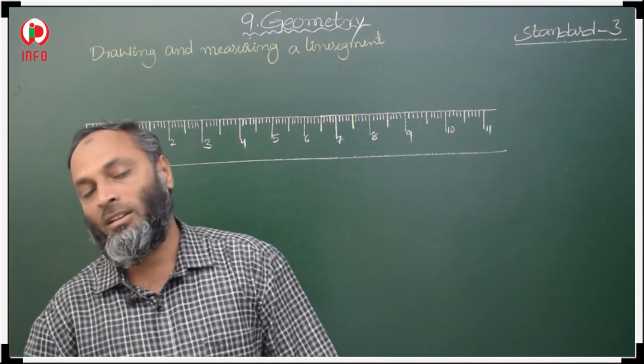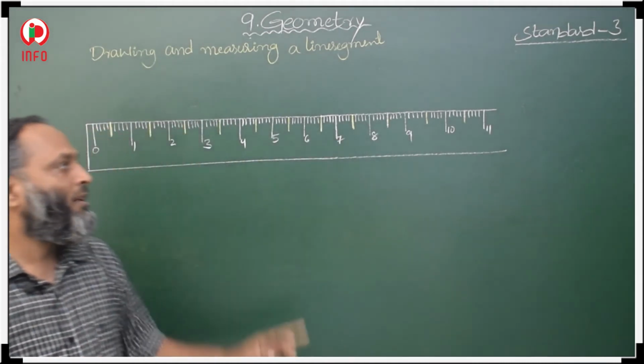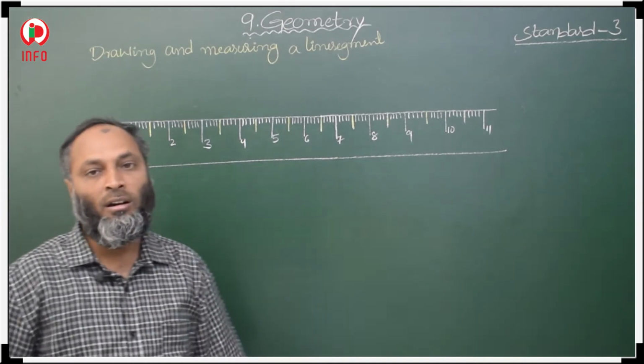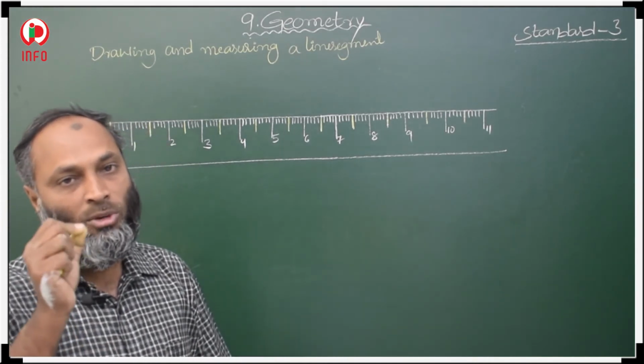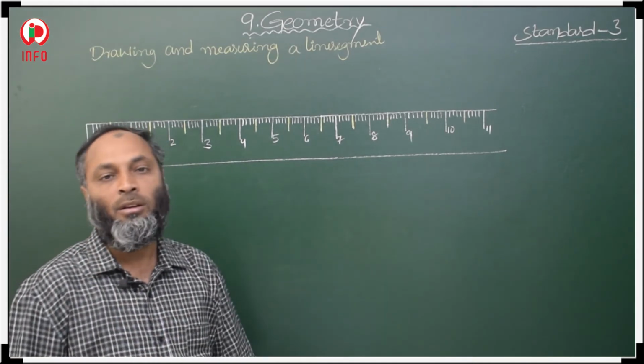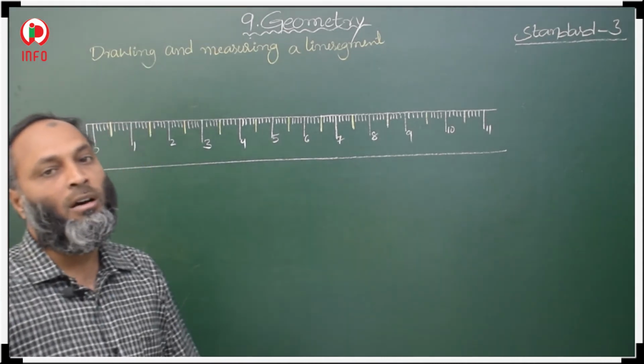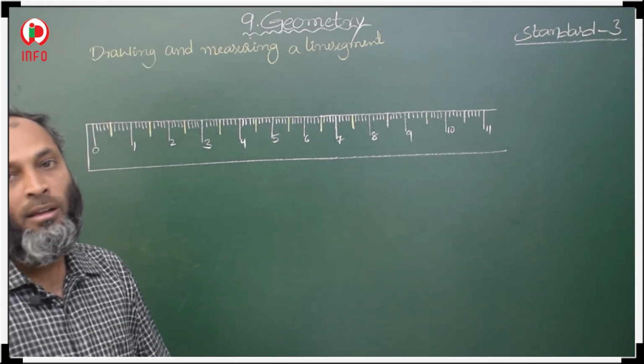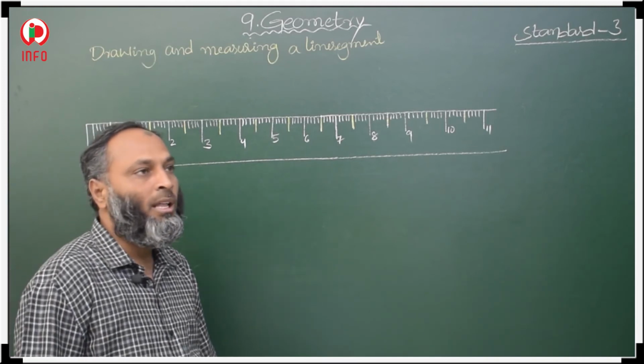So this is our actual scale, this is a ruler. Whatever markings are on the ruler are in centimeters, and the small lines represent millimeters. If he asks to draw a 3 centimeter line segment, how to draw?